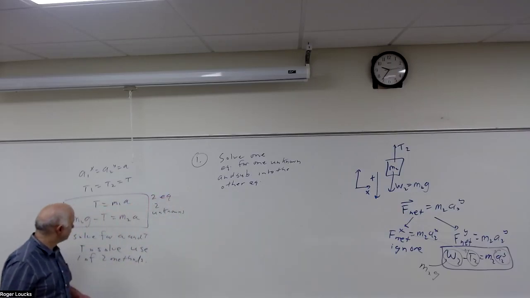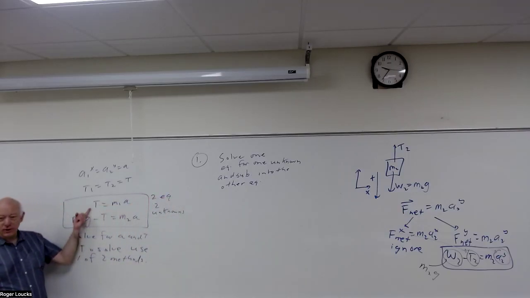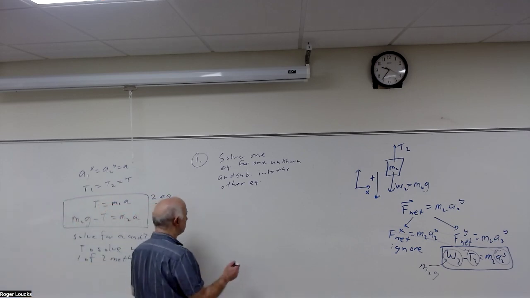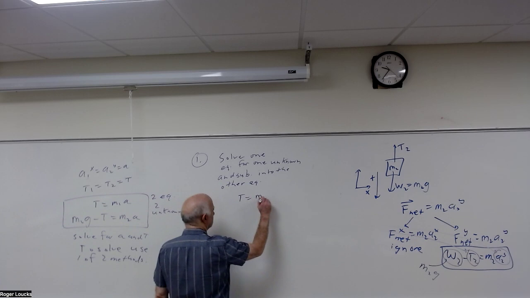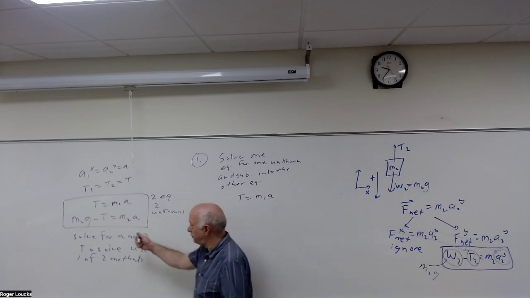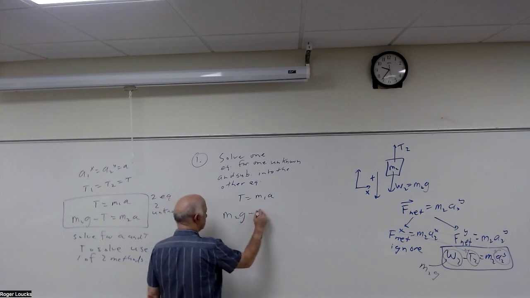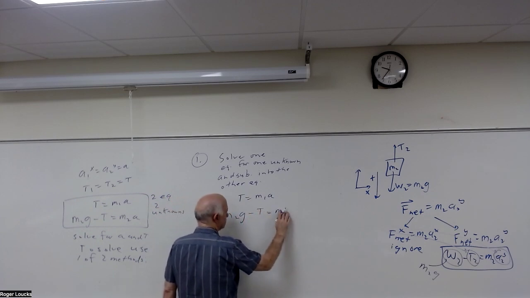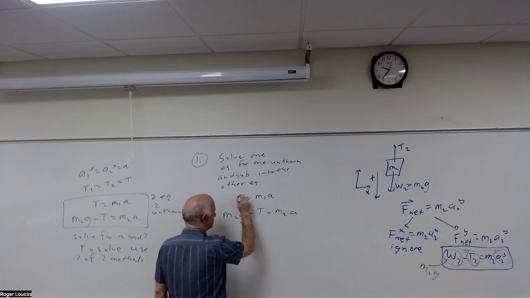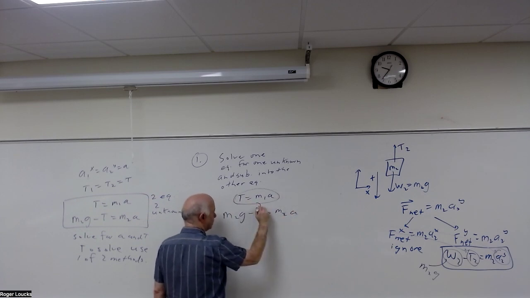So let's use that method. Okay. Let's solve for T here. Done. There's nothing else to do. So in this case I have this guy here, and I'm going to substitute this into here. So I substitute that into here.